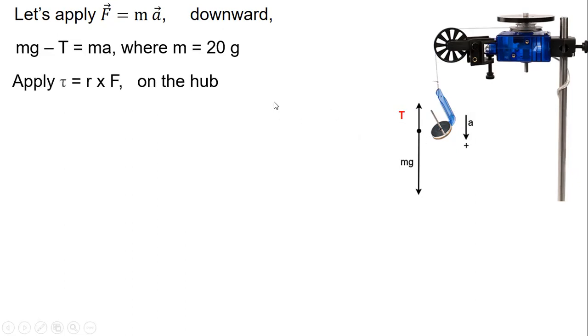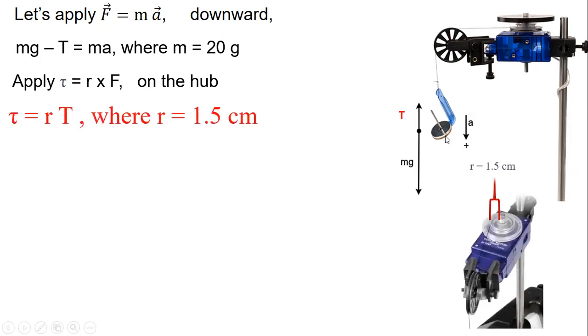Then we can also apply torque equals r cross F for the hub here. In that case, we need to know the force applied at the hub and the radius, right? So let's look at this from the top. When we remove this disk, we should be able to see a picture like this one. That's the center of rotation, and this is the hub that I mentioned.